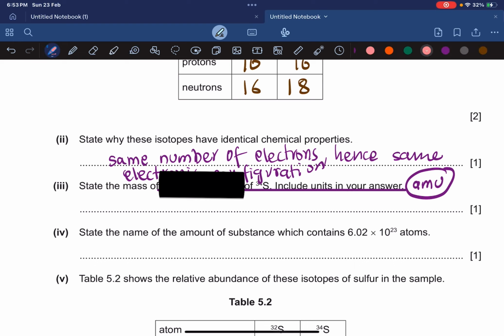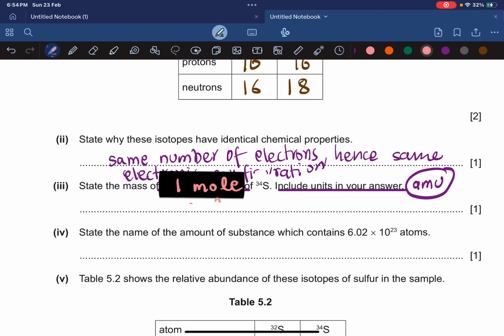And instead of it, write 1 mole, because now it's easier for you to identify what it is. This means 1 mole, okay? Now read it. It's going to be much easier for you. State the mass of 1 mole of S34 atoms. Include units in your answer, okay? 1 mole means basically your mass number.